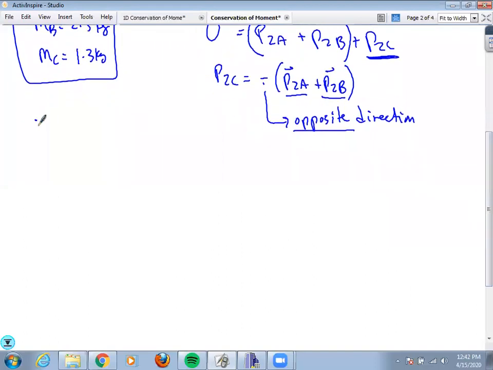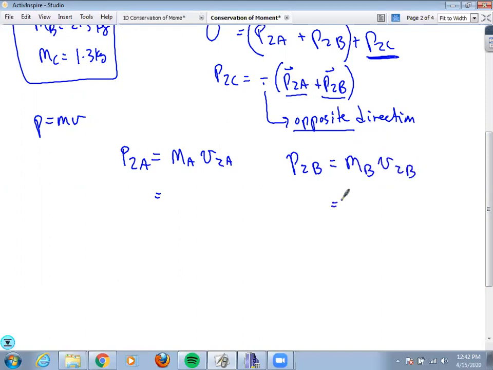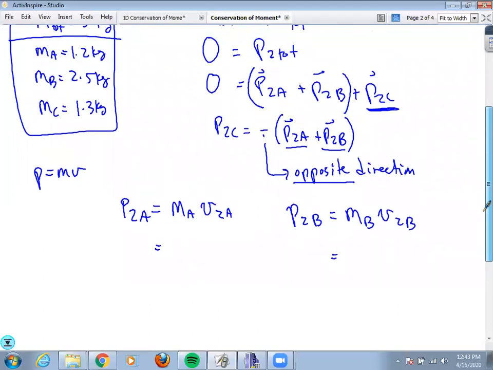Again, P equals MV. P2A will equal MA times V2A, and P2B will equal MB times V2B. We can plug and chug on that. We know MA, we know MB.